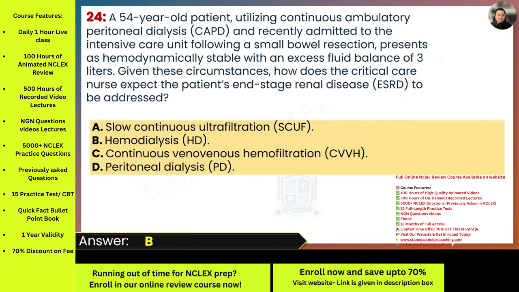Okay, so CVVH is used as a more intensive treatment, usually for those patients in acute renal failure who are also critically ill and experiencing instability in their hemodynamics. Letter D is incorrect, although this patient had been using the continuous ambulatory PD at home. But again, this is not feasible this time due to the recent abdominal surgery. And this is very risky because it can lead to infection or other complications due to the abdominal surgical procedure.